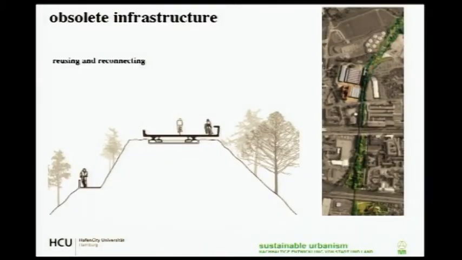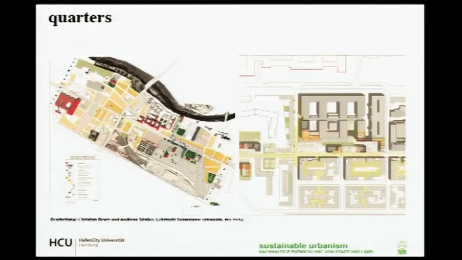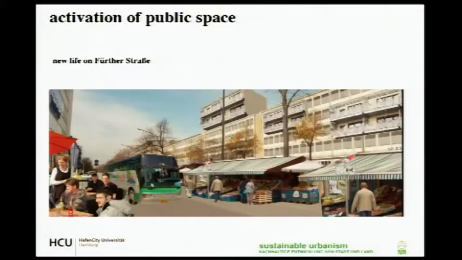We looked at the potentials of the existing urban infrastructures, reusing and connecting derelict rail lines, using them for open space or leisure uses. We looked at the potential of redeveloping public spaces in quarters so they would connect better to each other and connect the people living in them, providing more meeting points.